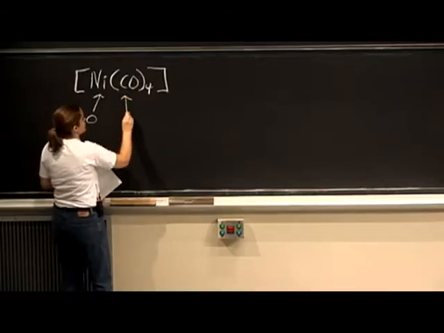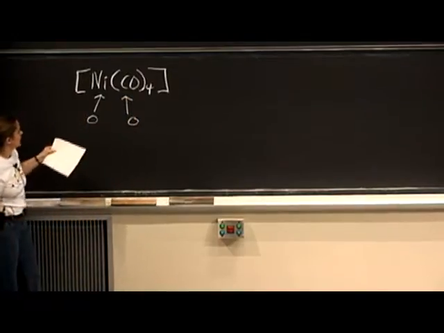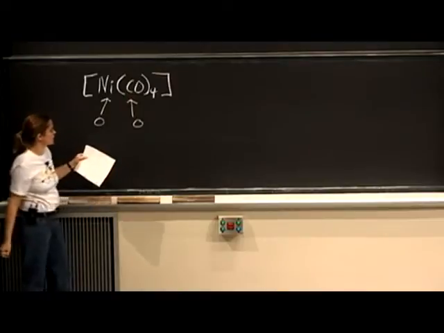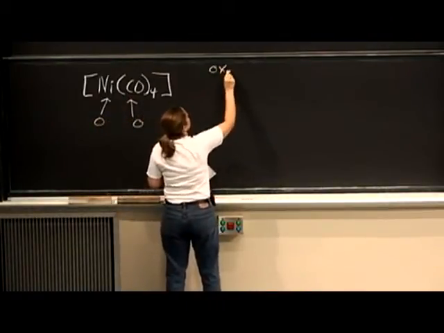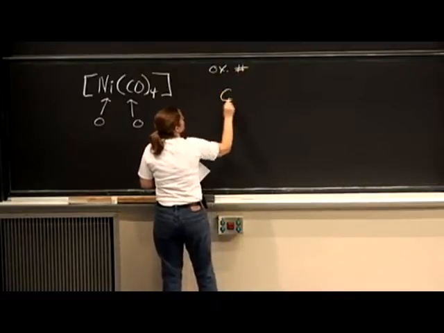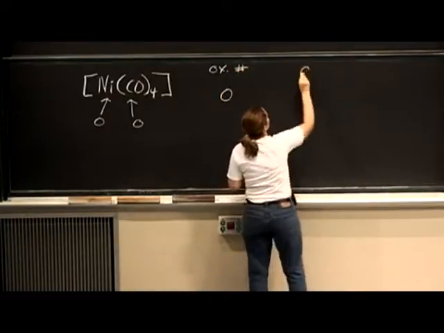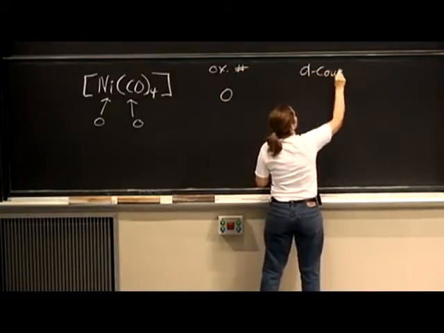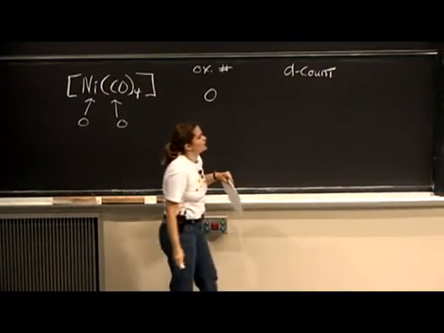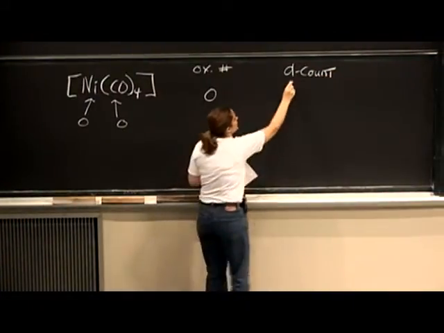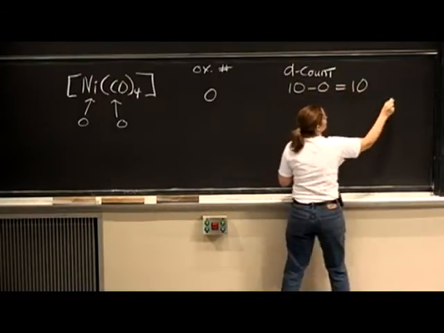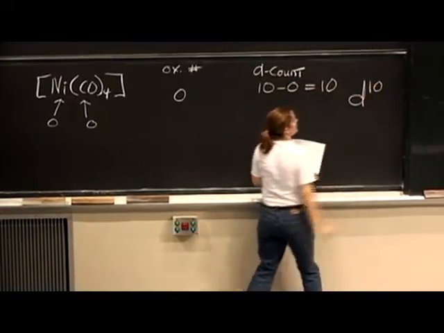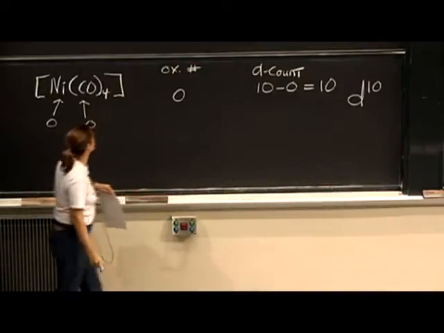The ligands are 0, the overall charge is 0, so our oxidation number for nickel is 0. So our d count here, what's the group number for nickel? 10. 10 minus 0 is 10. So we have a d10 system.